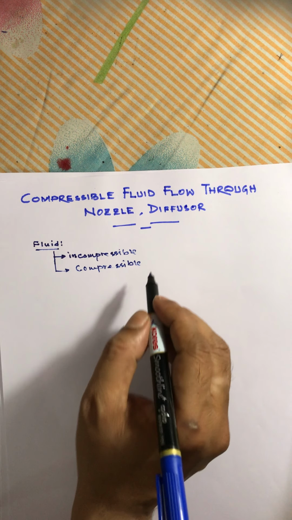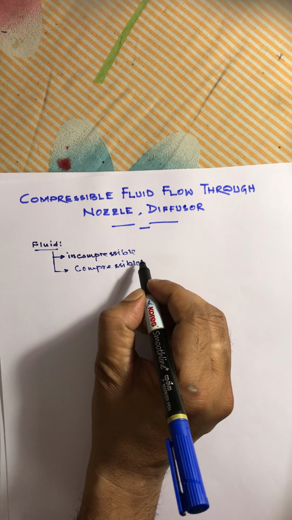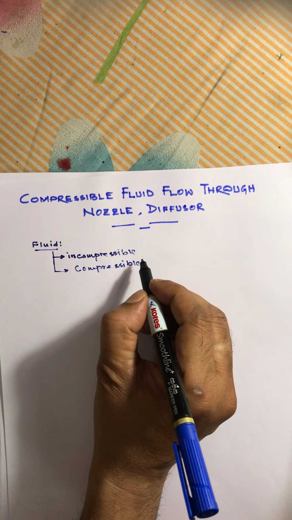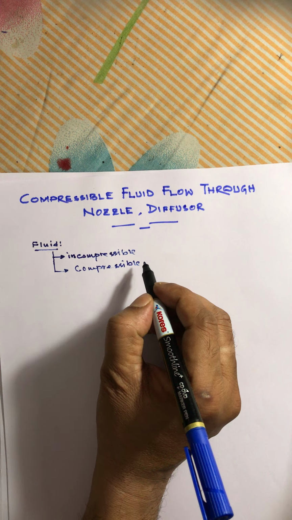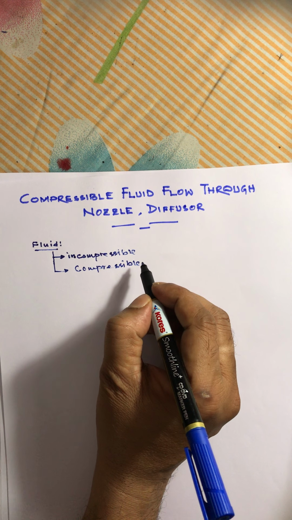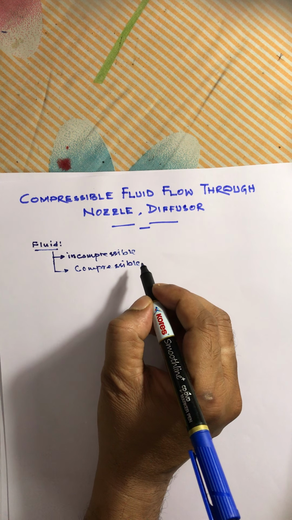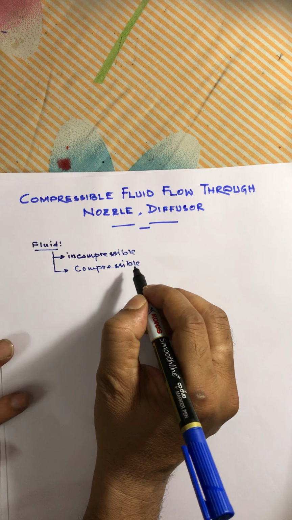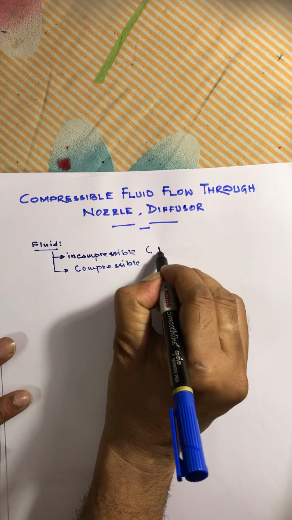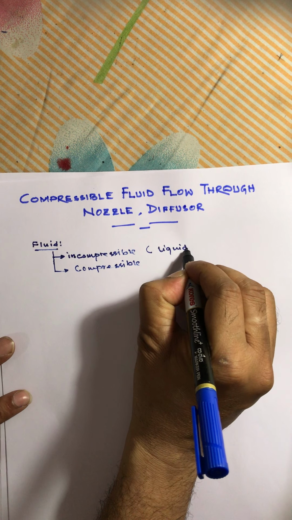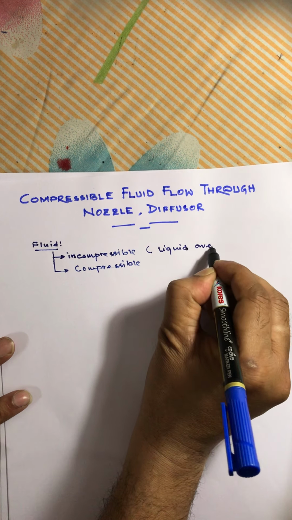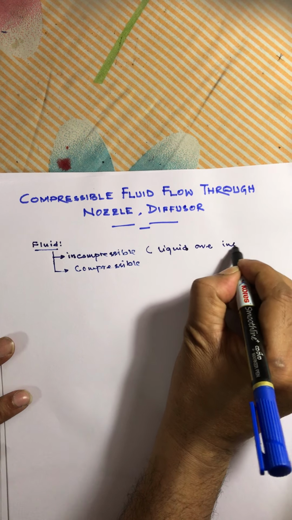A fluid is said to be incompressible if its density or specific volume does not change or changes very little with its change in pressure or temperature or volume. We can consider liquids are incompressible.